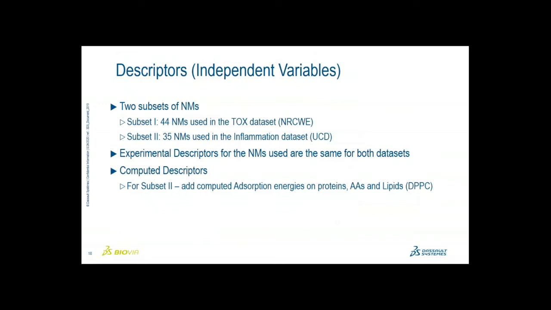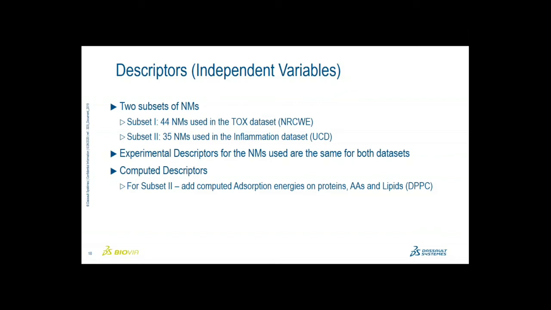So two subsets of nanomaterial I mentioned. The first one is the 44 nanomaterials used in the Tox Dataset, and the second one we have 35. We didn't have all the data. Of course the materials are the same, common, so we use the same experimental descriptors.